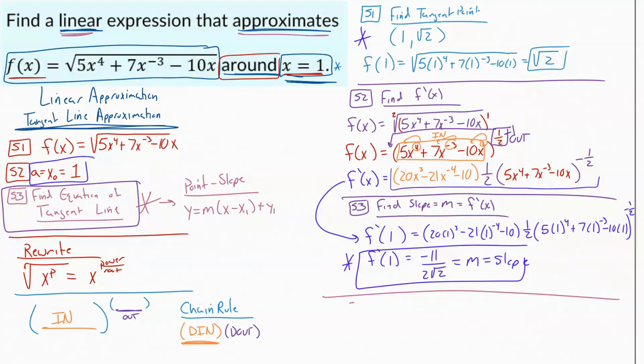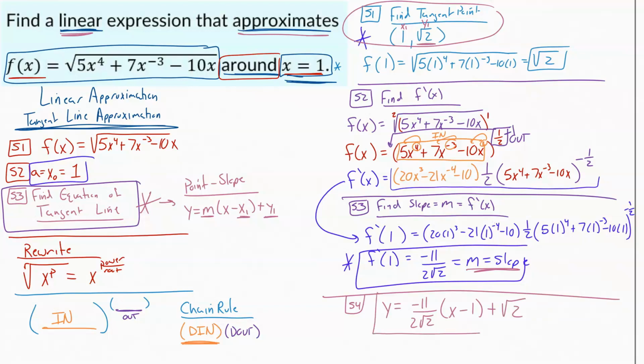So our final step here, finding the equation of our tangent line, we get y equals m. M is our slope that we just found. That's negative 11 over 2 square root of 2 times x minus x1, which we got from step 1. We have x1 and y1 up here. So x1 is 1, minus, plus y1. So plus y1, y1 is our square root of 2. And that is our approximation equation right there.